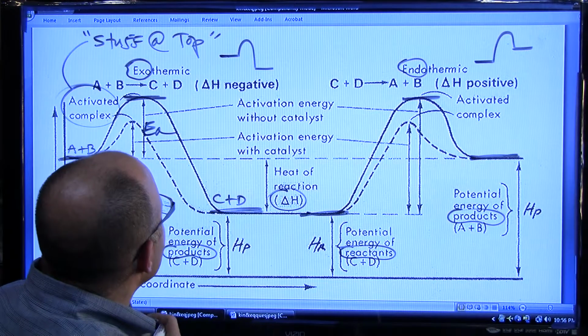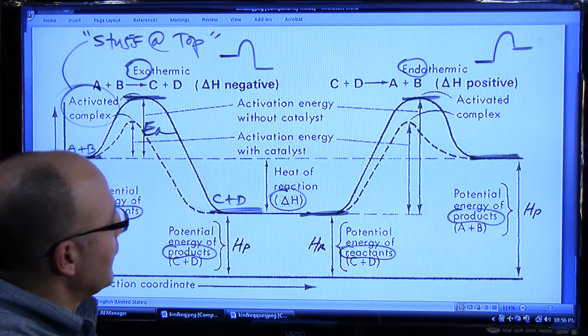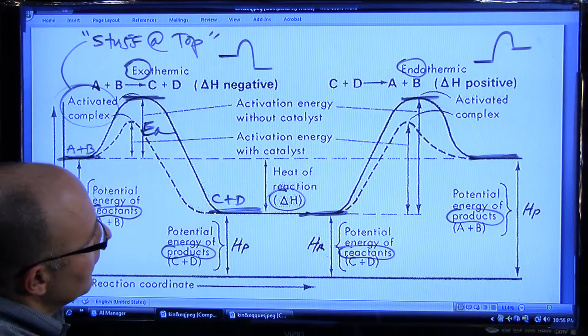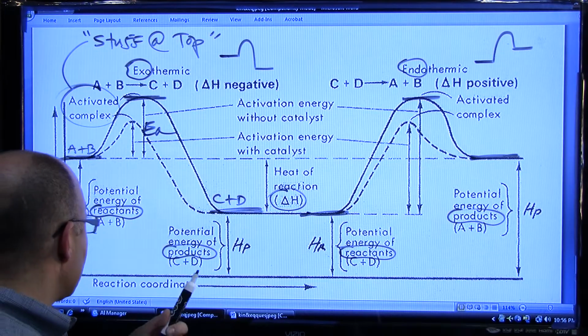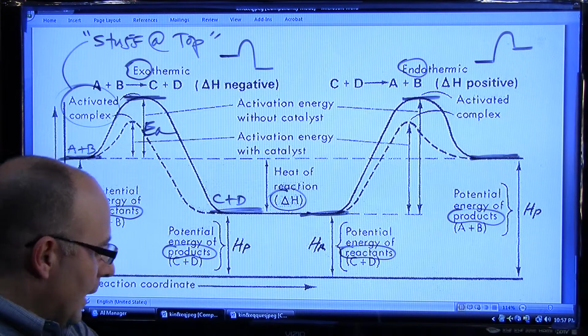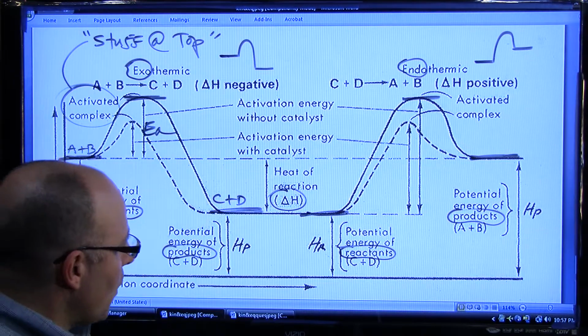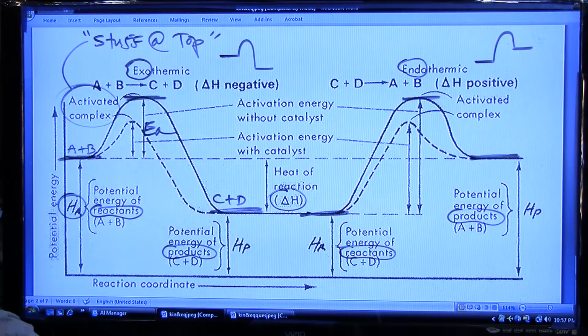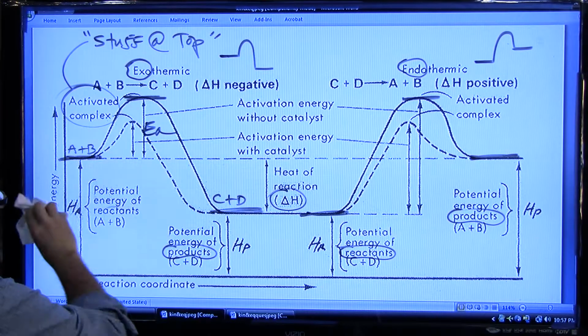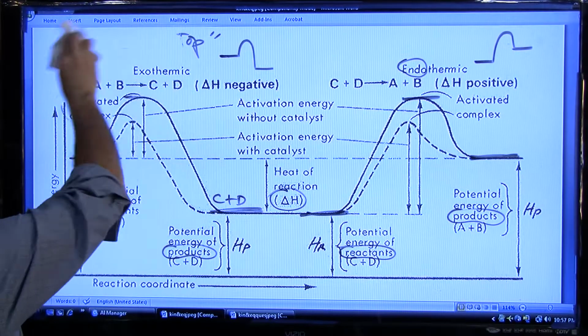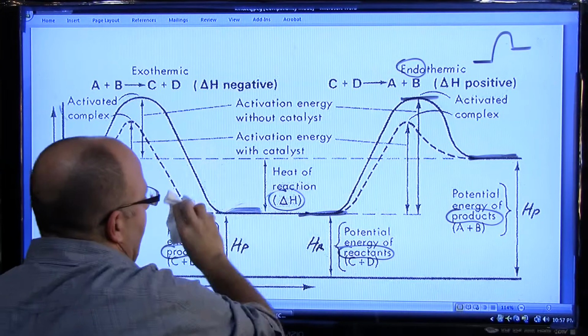And let's talk about now this thing about the delta H being negative in an exothermic reaction and why it's positive in an endothermic reaction. So there's an equation that you should know that relates the potential energy of the reactants and the products. So let's look at that.